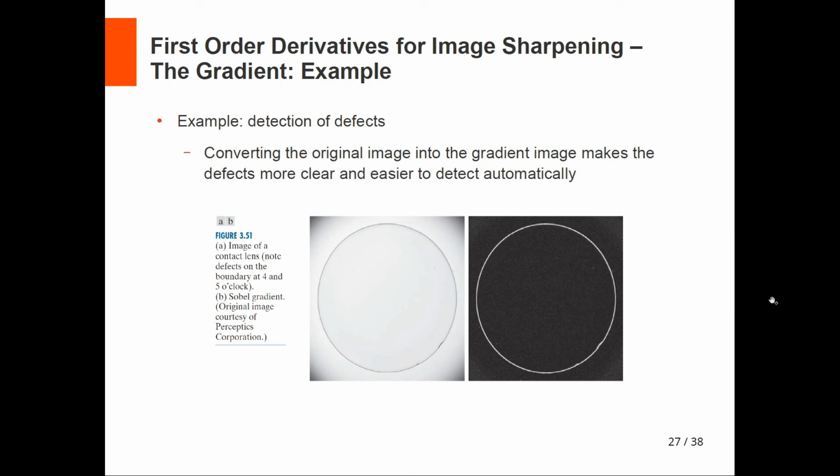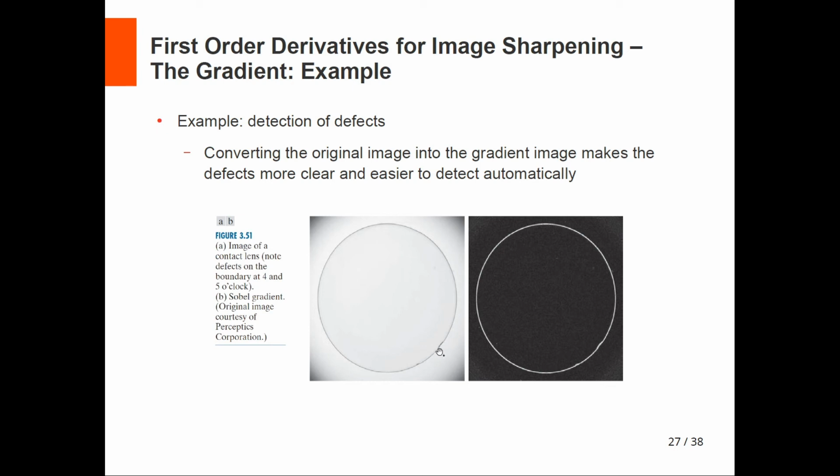So one example of using first order derivatives is for detecting defects in automatic digital image processing systems. So let's just assume a system that is used to detect defects in contact lenses. So this is an image of the contact lens. So that a specific system is able to detect defects much more easily if we provide the magnitude image.